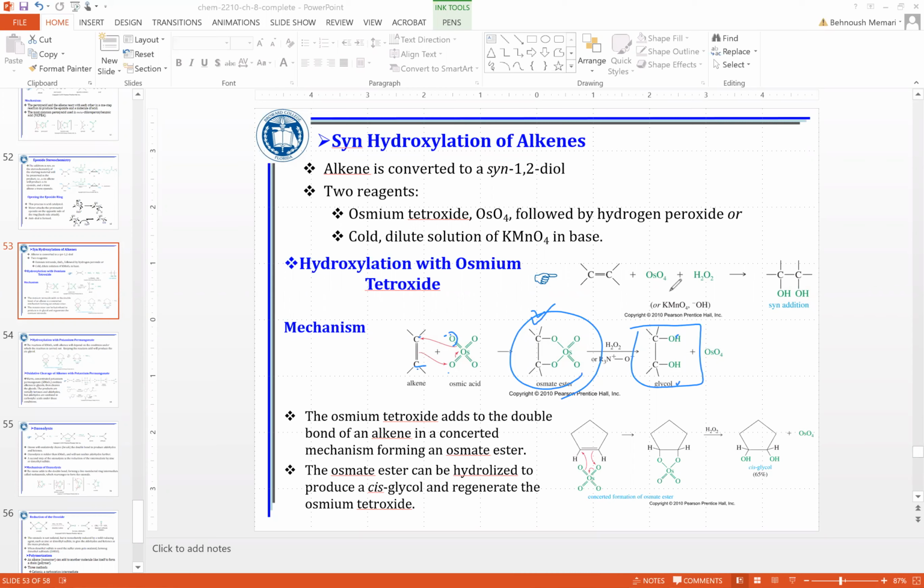When you're preparing flashcards, when you're adding the osmium tetroxide, you also need to say that this product is going to be syn addition. The final product is formation of a diol, and it is a syn addition. That means both OHs are going to add from the same side of the molecule. Questions?